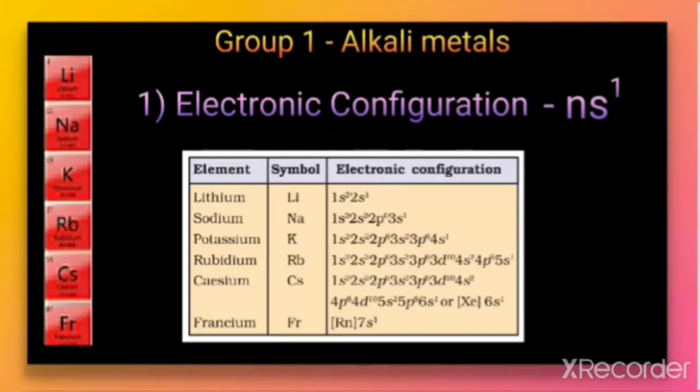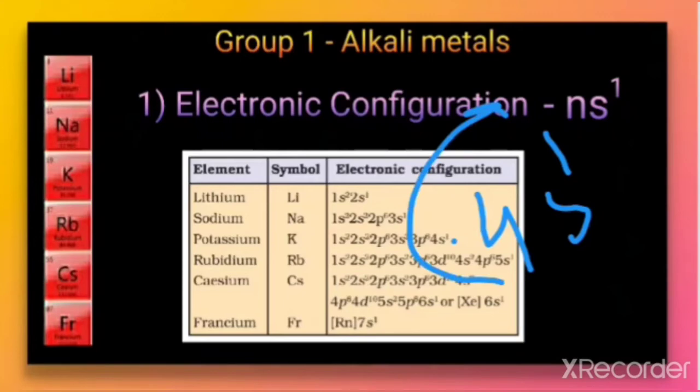Take the element potassium, in which the outermost electron is in the 4s orbital. So 4s1, when you compare with the general electronic configuration, what will be n here?